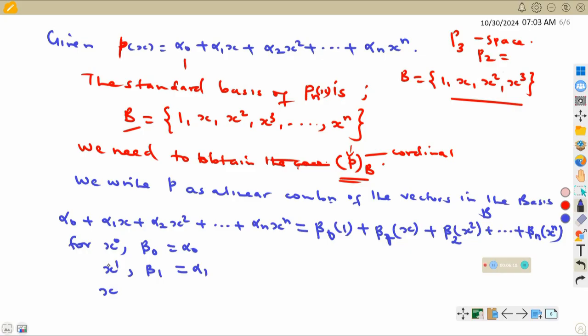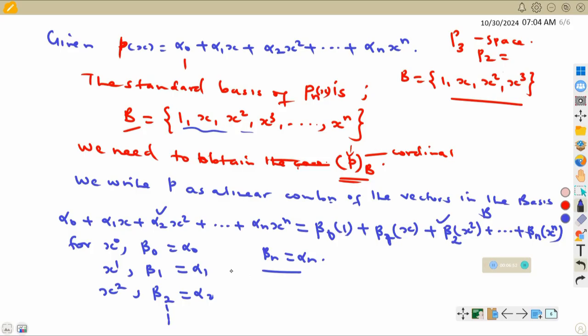For the coefficients of x squared, beta 2 equals alpha 2. The trend continues up to beta n equaling alpha n. So you are looking for the scalars for which you can write this polynomial as a linear combination of the vectors in the standard basis.